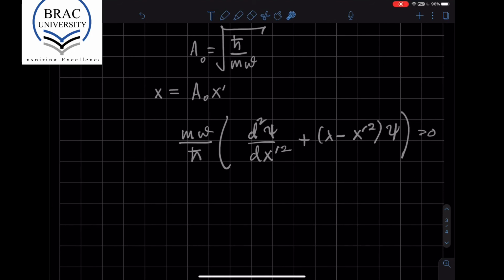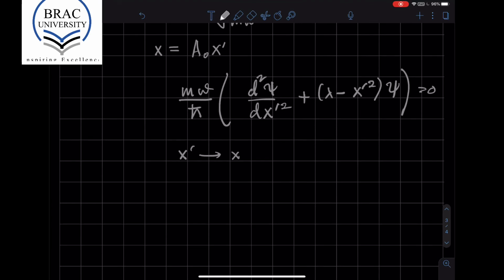Also, it would be cumbersome to keep repeating x prime, putting primes everywhere. So we are going to relabel x prime as x. Then our Schrodinger equation becomes d squared psi dx squared plus lambda minus x squared times psi, equal to 0.